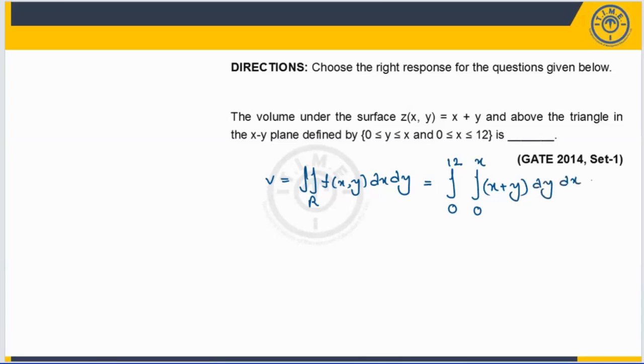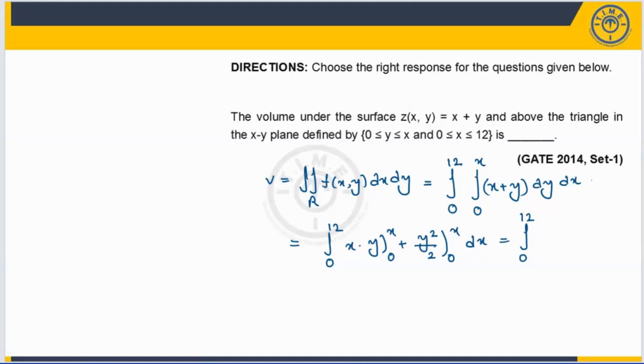That equals integral from 0 to 12. If I'm integrating with respect to y, that is x into y from 0 to x, plus y square by 2 from 0 to x, dx. That equals integral from 0 to 12 of x square plus x square by 2.